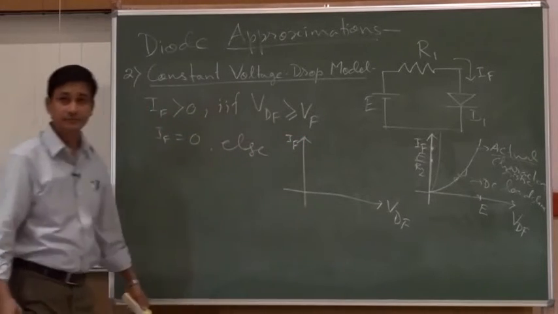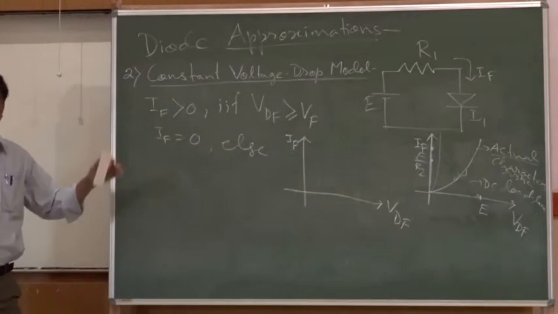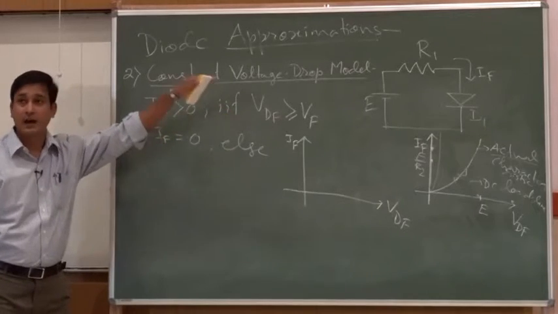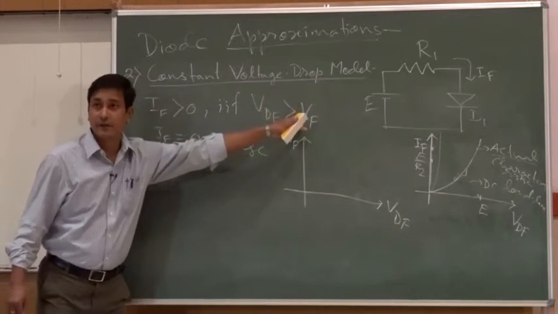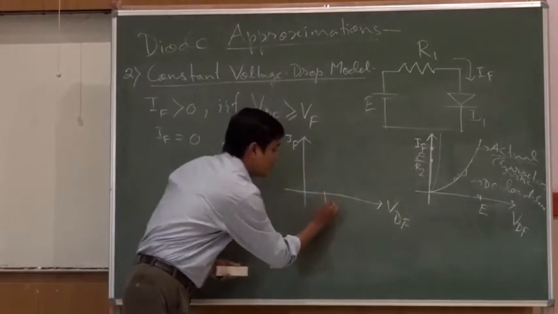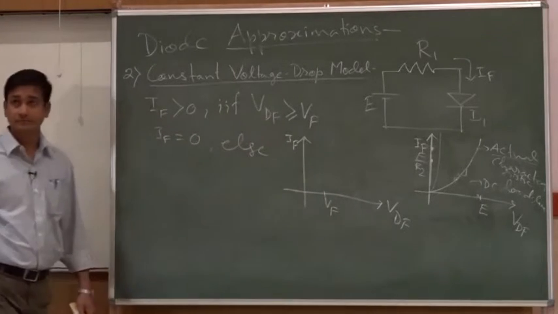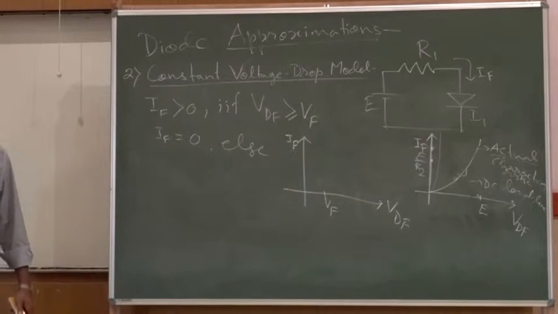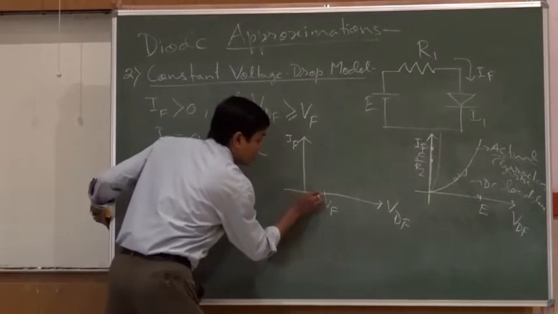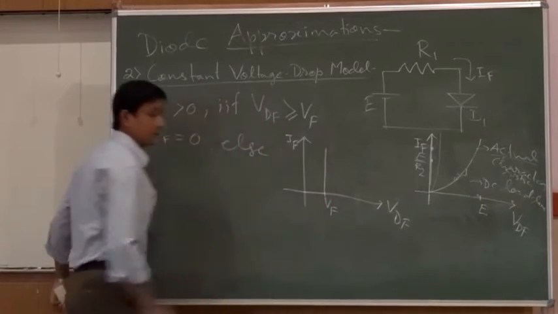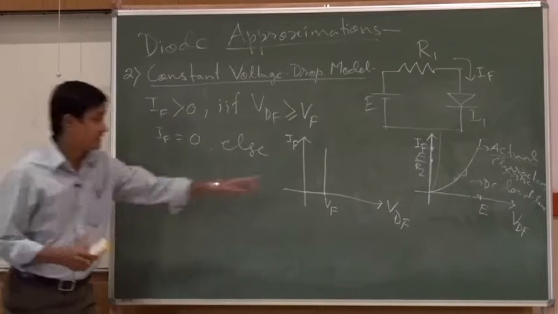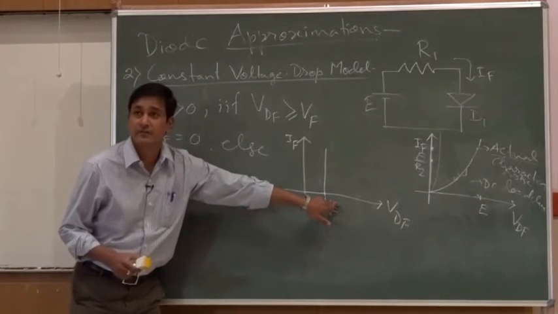IF. Now, if I say current is high after Vf, let me first define the voltage Vf somewhere. Now, the characteristics we considered earlier had the current at 0 itself, now it is at Vf.